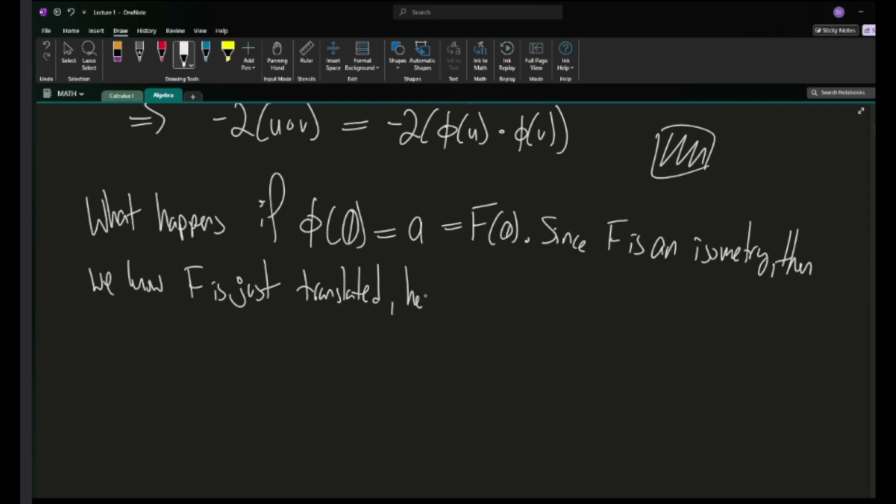Hence, we denote this function, not movement, as phi is in fact equal to the translation, we're going to denote it t, of negative a with the figure itself, and we're going to note this as the translation.